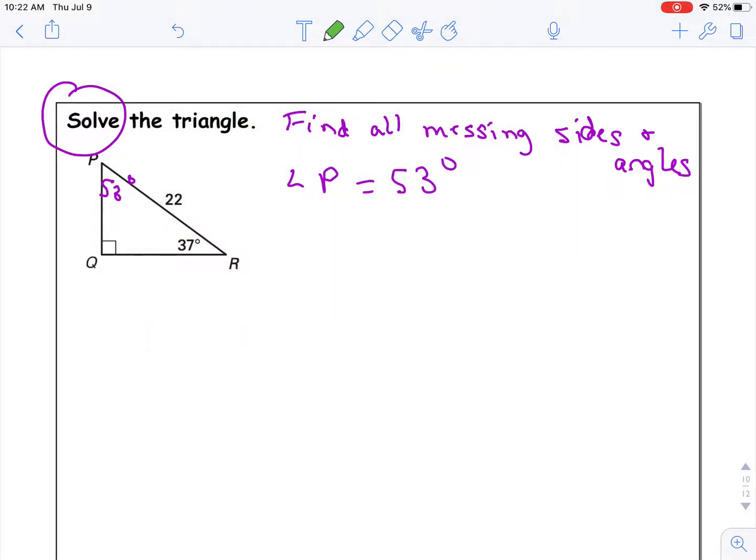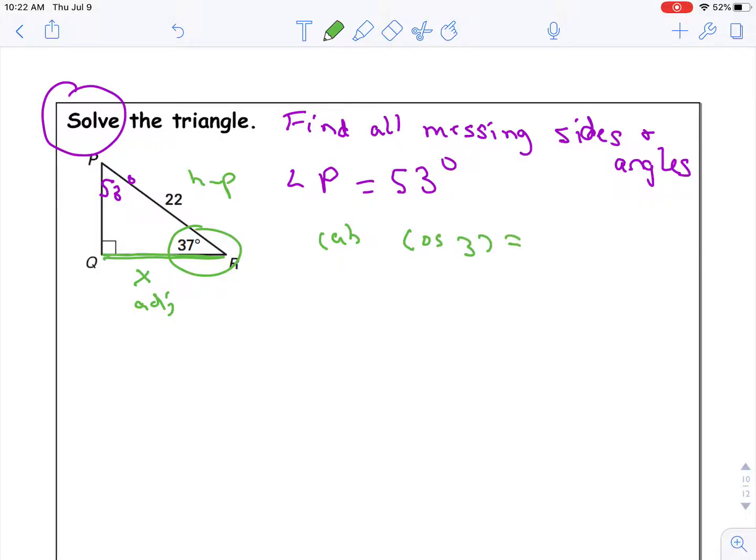So the other sides now that I need to find is I need to find QR. Okay, well, I'm going to use this reference angle right here of R because it's given, and I am trying to find this side. I'm just going to call it X, or QR, and so that is the side that's adjacent to angle R, and this is the hypotenuse, so that's our CAH.